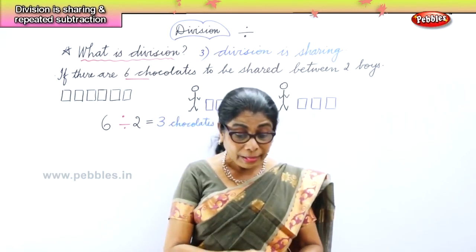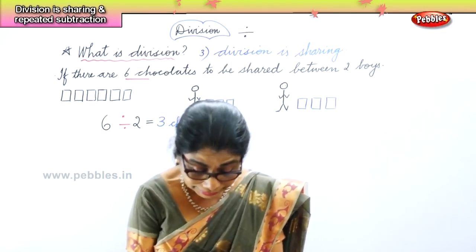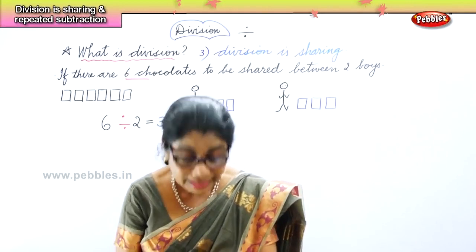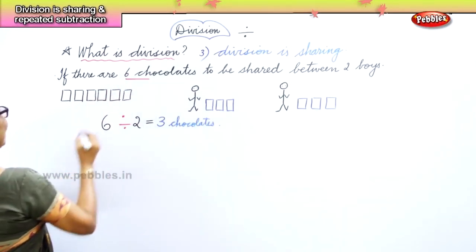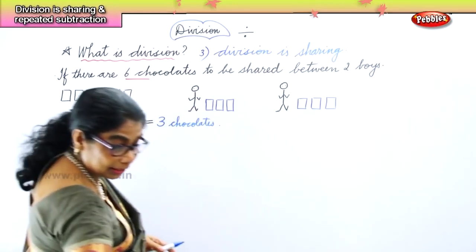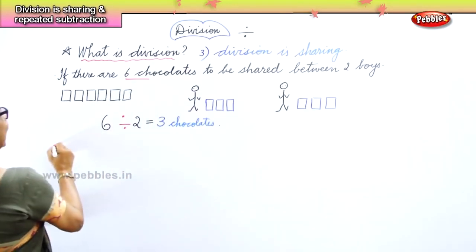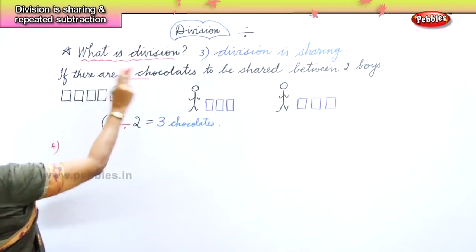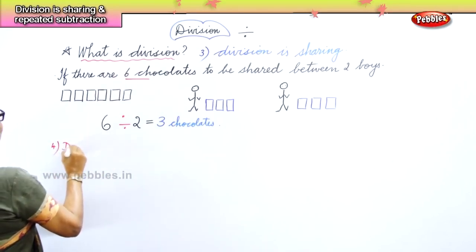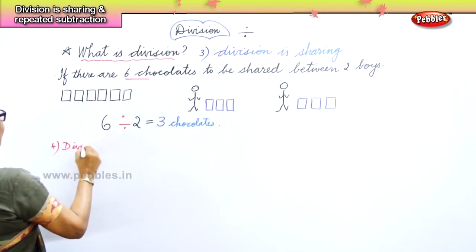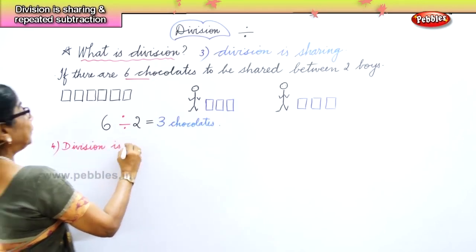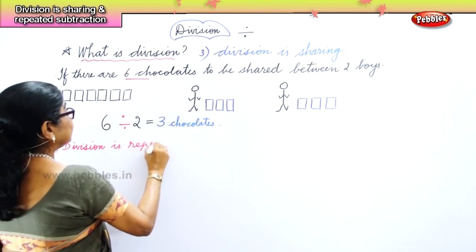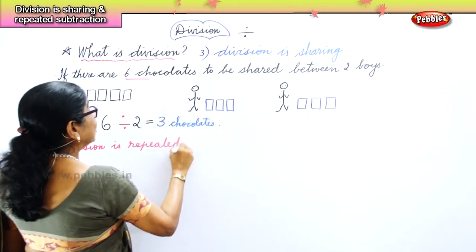And now finally, the fourth one we are going to look at is division is repeated subtraction. So the fourth one is division is repeated subtraction. What is division? Division is repeated subtraction.